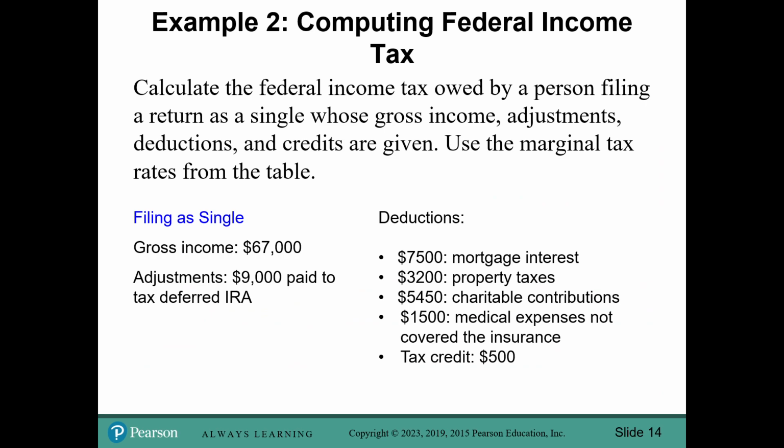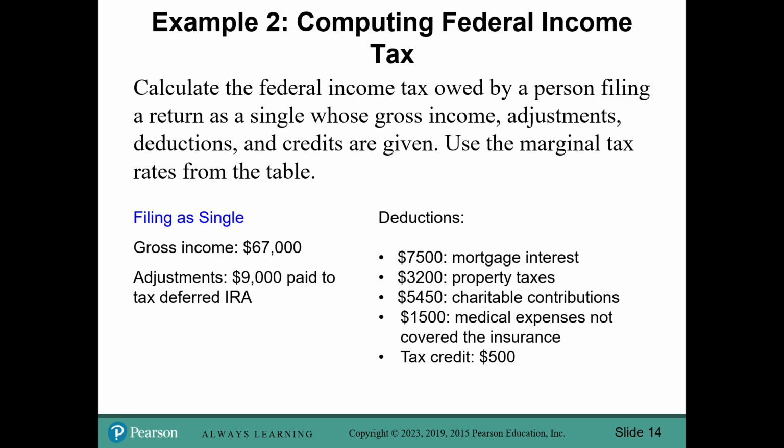Alright, so in example 2, we're going to look at computing federal income tax. We want to calculate the federal income tax owed by a person filing a return as a single filer, where gross income, adjustments, deductions, and credits are given. We want to use the marginal tax rates from the table. So filing as single, gross income of $67,000, adjustments of $9,000 paid to a tax deferred IRA interest-earning account.